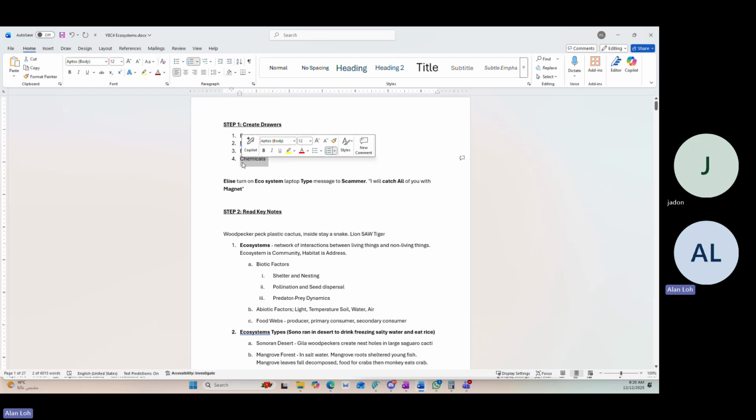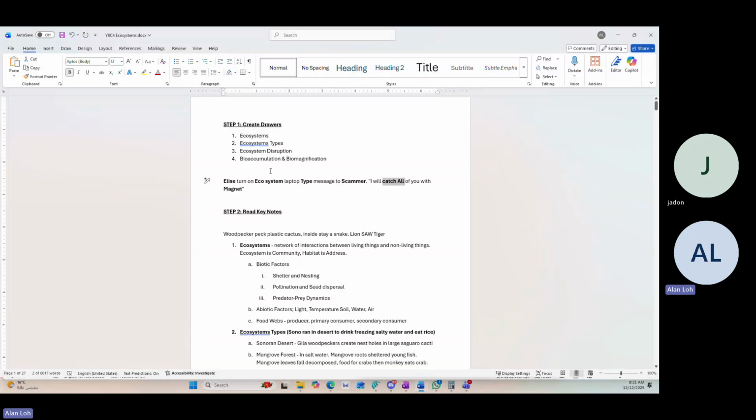Because I changed this to something else. Bio accumulation and bio magnifications. So I will catch all of you. Accumulation, the word is collect. So all represents the A for accumulation, and also accumulate.